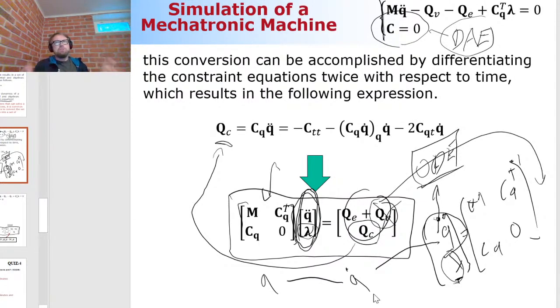So if you have a system with a pendulum like this, this is one body, so 3 generalized coordinates, and a revolute joint. A revolute joint needs 2 constraint equations, so this is a system with 5 unknowns: 3 generalized coordinates, 2 reaction forces to the constraints. So these reaction forces are forces like this. That's it.